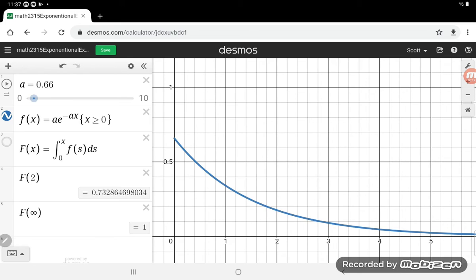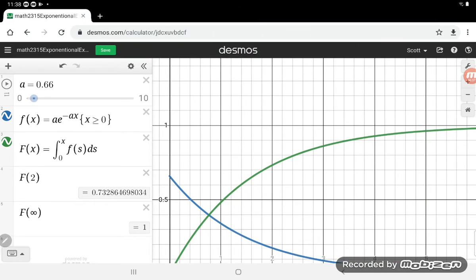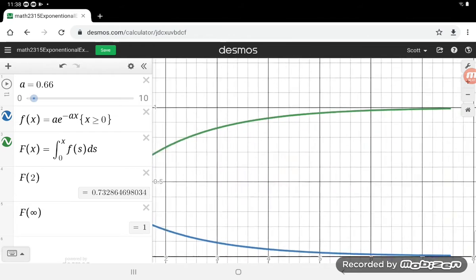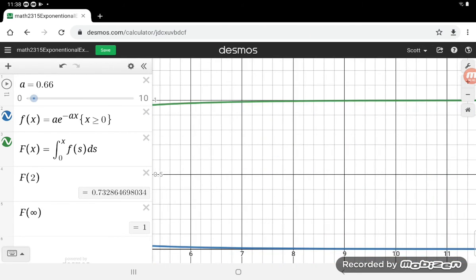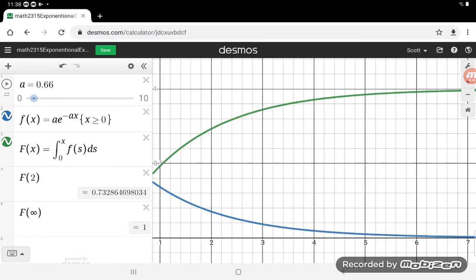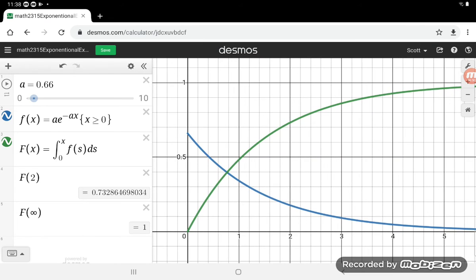It's just that tail of an exponential function. But then I can define big F of x as this integral, and there it is. And notice, it is increasing, and the green line is heading toward 1 as we head out to infinity. Okay, so it looks like it's doing what it's supposed to be doing.